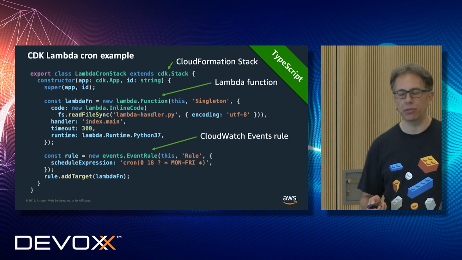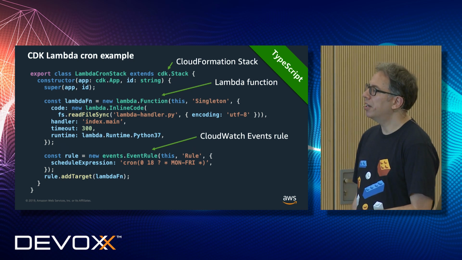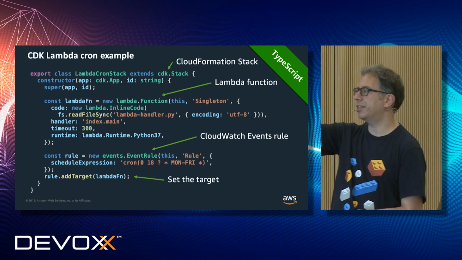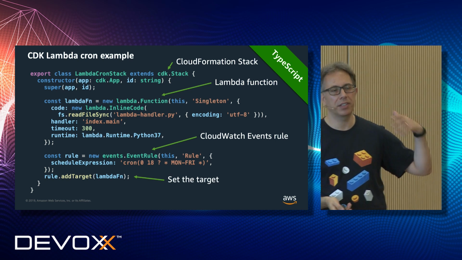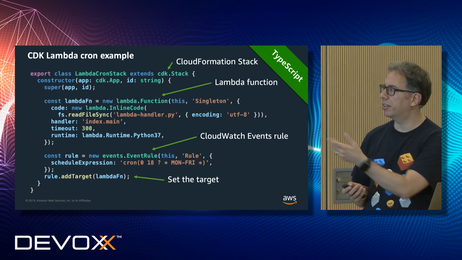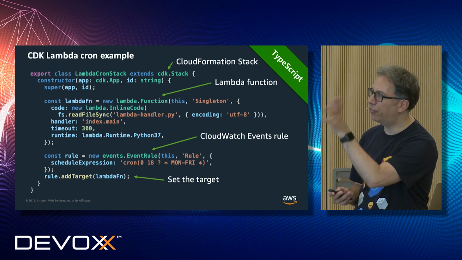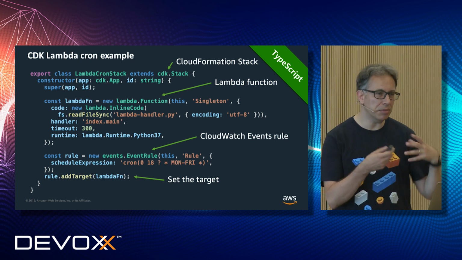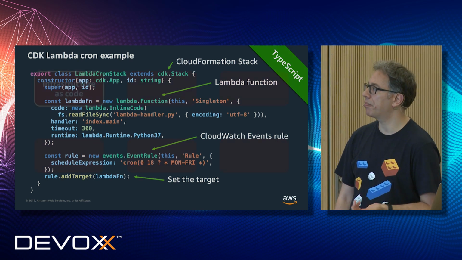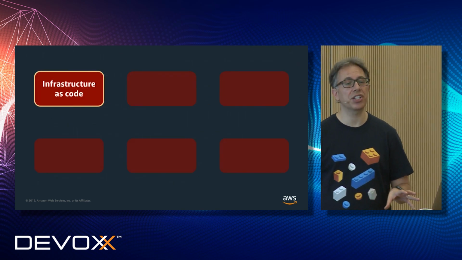When the shop closes, you have to run some batch. And then here I add a target to the rule, and the target is the Lambda function. In this way, every time this rule is triggered, the Lambda function is executed. So it feels very natural, and it's also much easier to write because the IDE will automatically complete everything for you. So this is infrastructure as code.